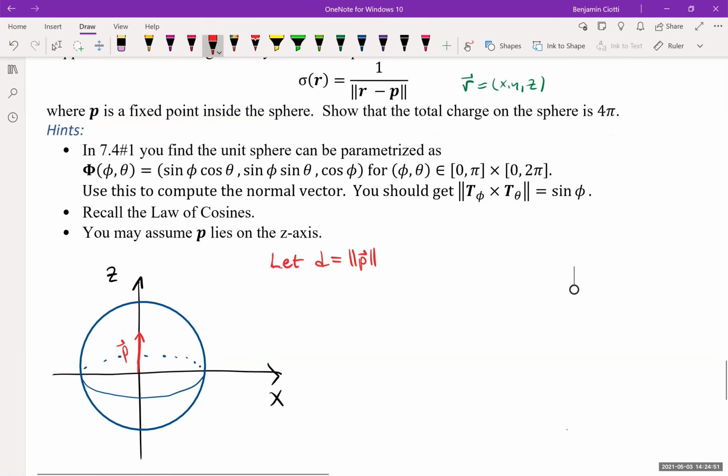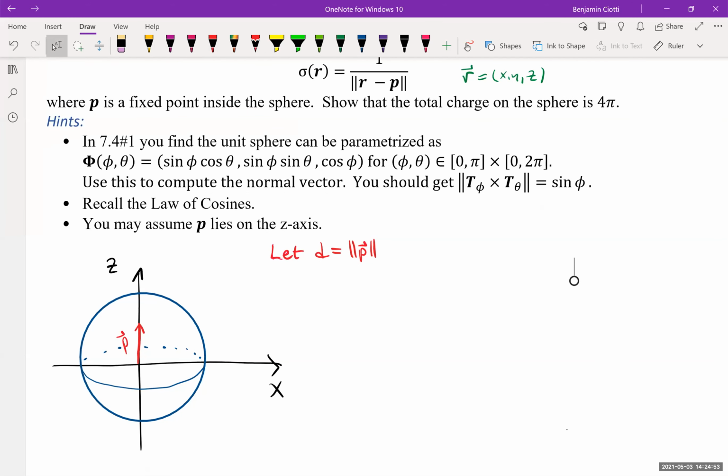Now, if you pick some point on this sphere, let's say a point right here, then this is your position vector, r. By the way, since this is the unit sphere, we know that the radius is 1.